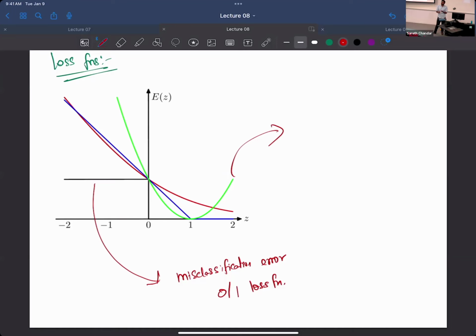First of all, what are the different loss functions we have seen so far? We have seen square error, misclassification error, which is actually the ultimate loss function that we care about, and hinge loss today. What else? Logistic regression error. So these are the four different loss functions we have seen so far. The green is the squared error.